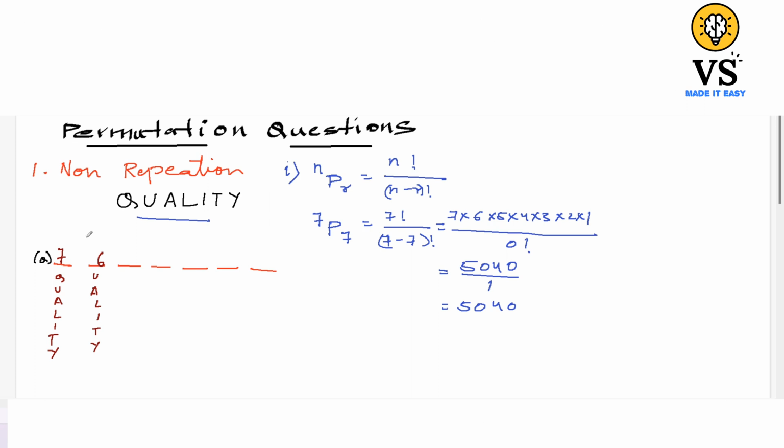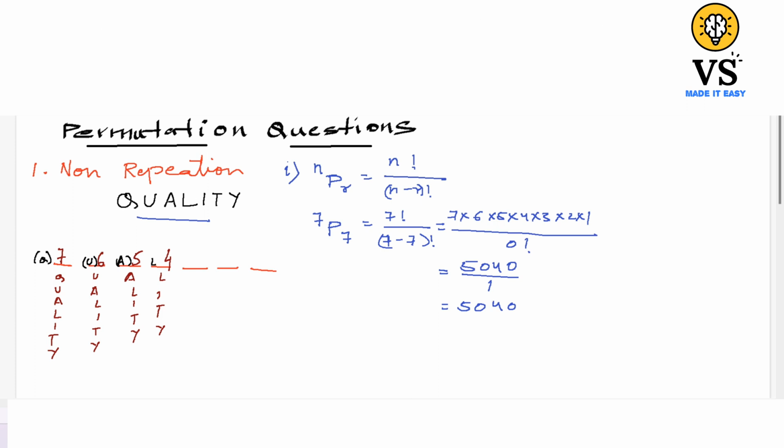Imagine that we have placed U. Now what are the other letters we are left with? A, L, I, T, Y. So we have 5 letters. Again, imagine we have placed A here. Now we have L, I, T, Y. Means in this place, totally 4 letters can satisfy.